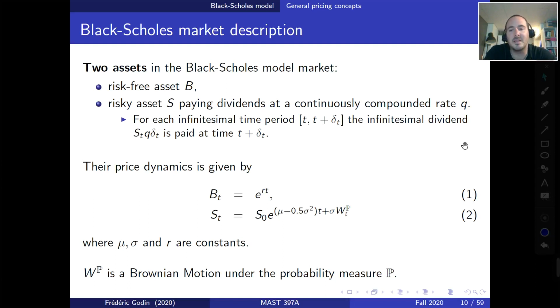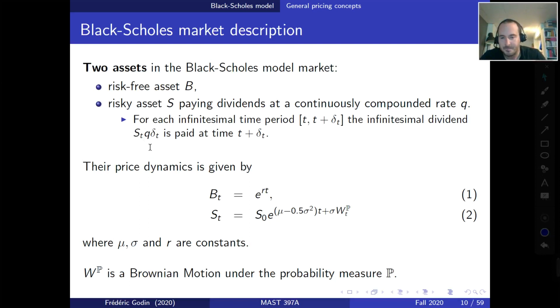This means that for each infinitesimal time period from t to t plus delta t, the infinitesimal dividend paid is S_t q delta t, which is paid at time t plus delta t. To be a bit more rigorous, we could have said that this would be proportional to S_{t+delta t} instead of S_t, but since delta t is infinitely small, this is pretty much the same thing.